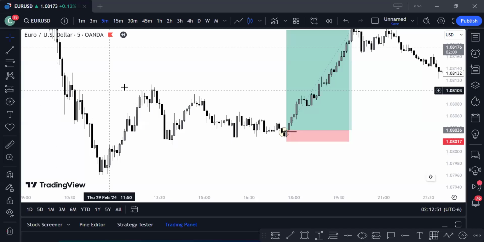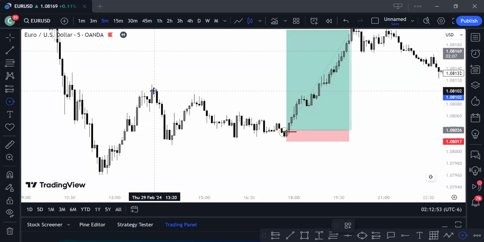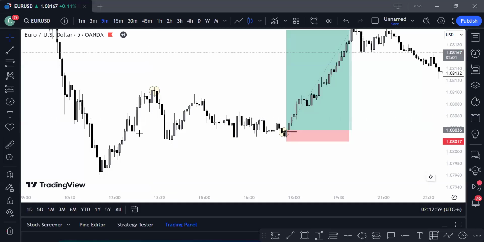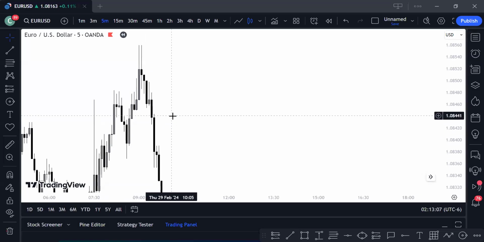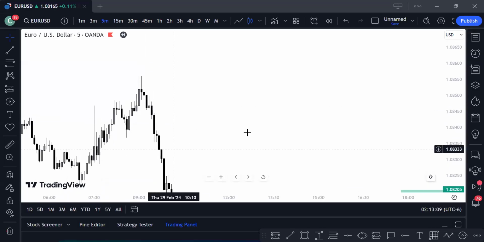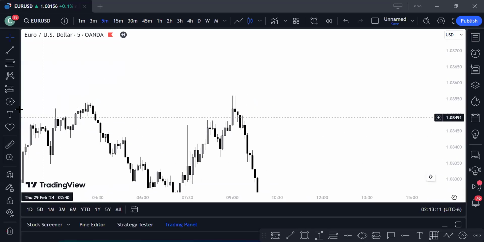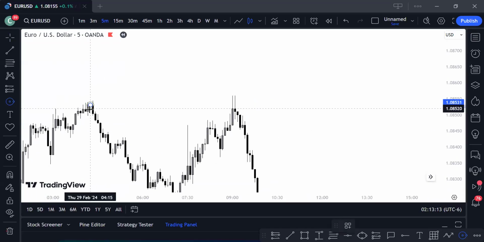This is also a confirmation candle. I think they call this an evening star. I prefer using three confirmation candles, a three candlestick formation. This is also another evening star.